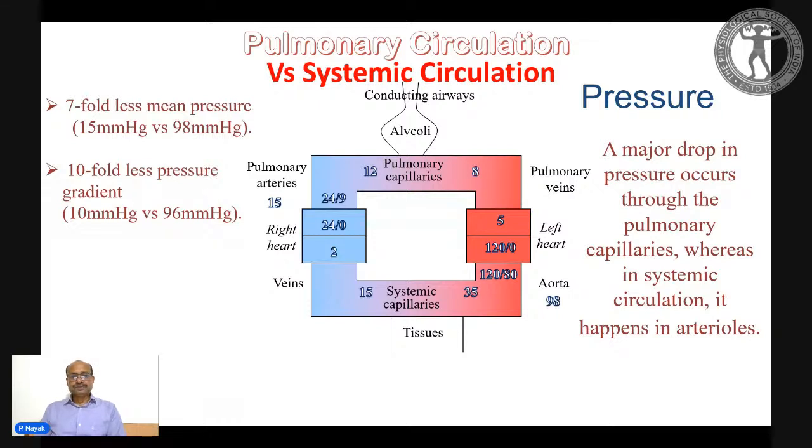But the importance is that there is a tenfold less pressure gradient, and this less pressure gradient ensures that the blood is sufficiently flowing without causing excess pressure.